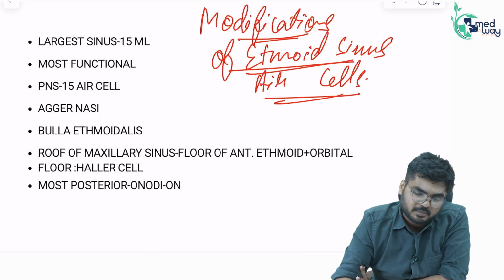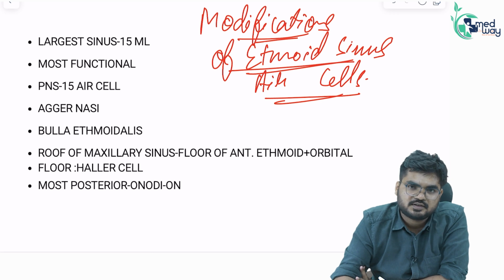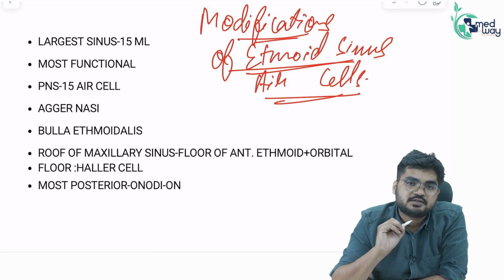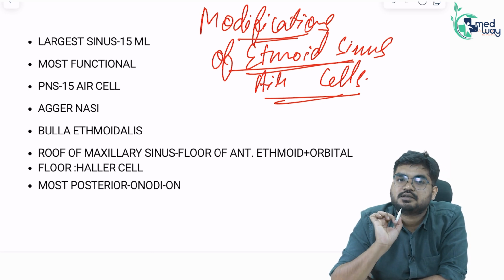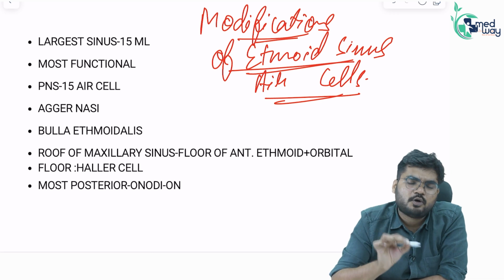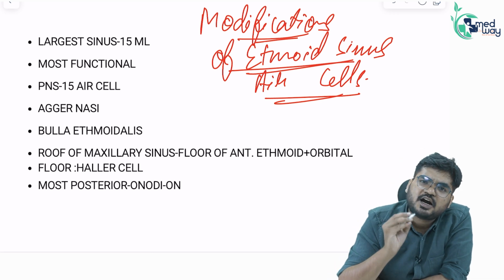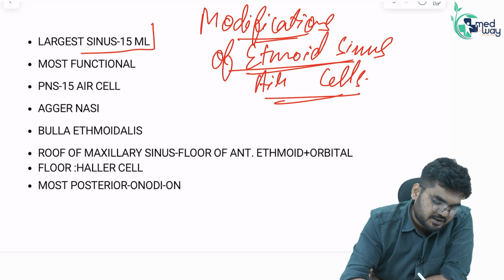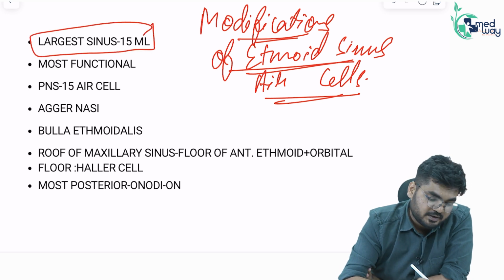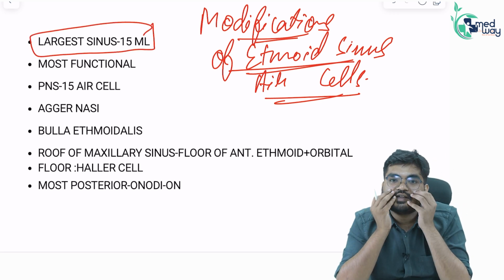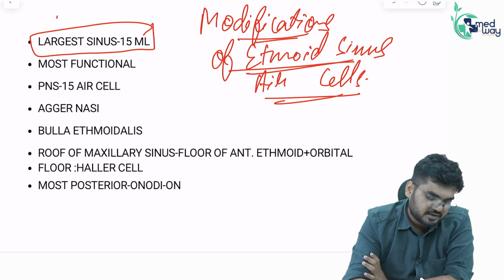But before discussing the modifications of ethmoid sinus air cells, let us study some important one-liners associated with paranasal sinus. Which is the largest paranasal sinus? Remember, it is maxillary. See, the cheek area is the largest, so maxillary sinus is the largest of all.